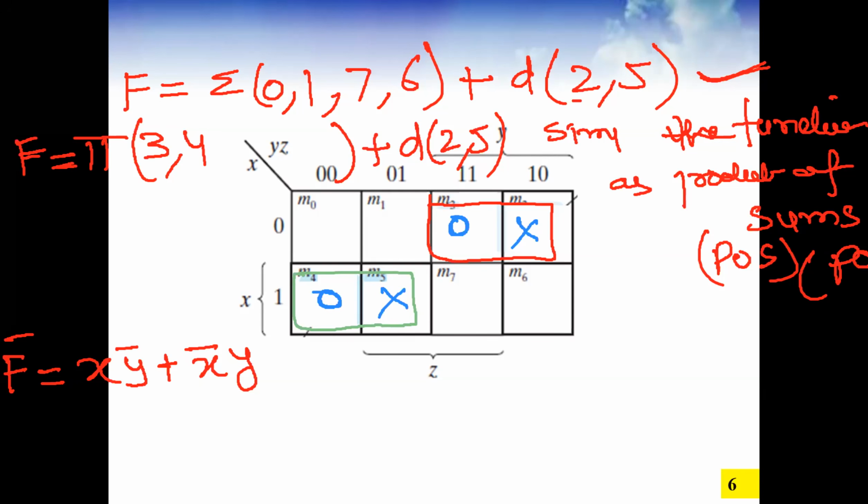So I'm going to take the complement of both sides, and take the whole complement of this function. Okay, then apply De Morgan. So while I will be applying De Morgan, you know that F, what will I be getting? Double complement.